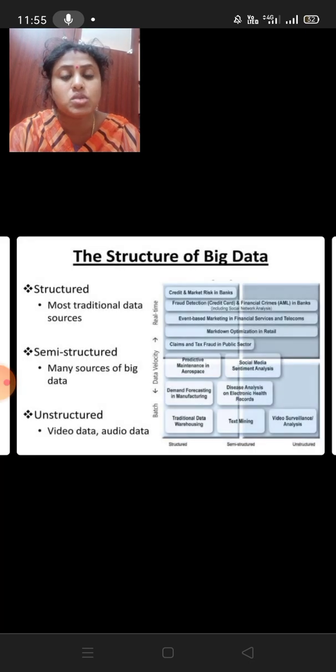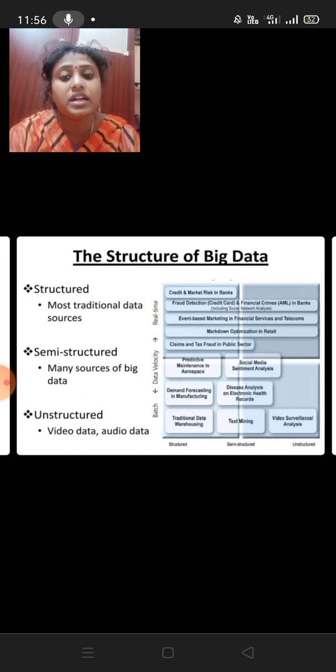The next one is the structure of big data. Three types of structures are available: structured, semi-structured, and unstructured. Structured means the most traditional data sources. Semi-structured means there are many sources of big data that are not fully structured, so that is called semi-structured data.